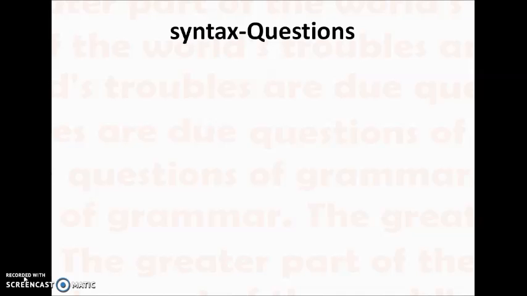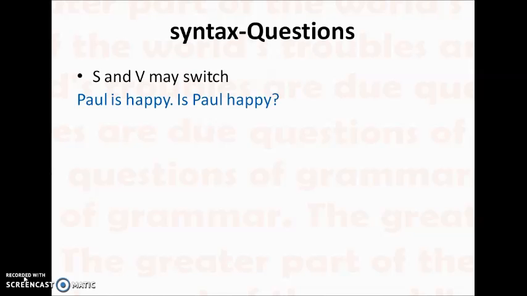There are some exceptions to the SVO rule. The most common one is questions. In questions, subject and verb may switch places. For example, Paul is happy. Is Paul happy?